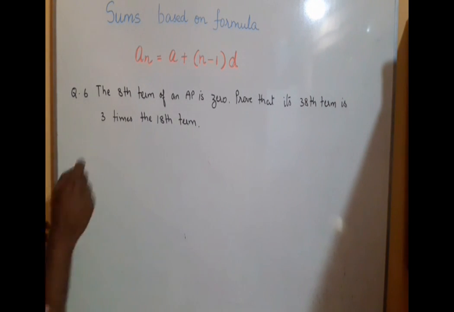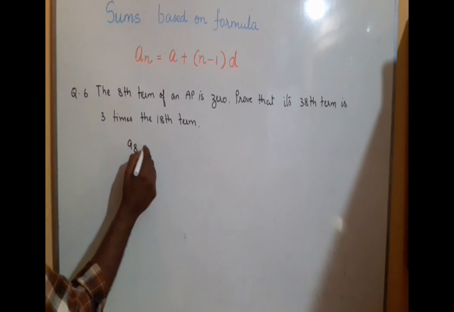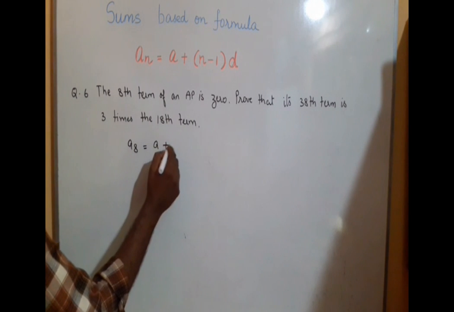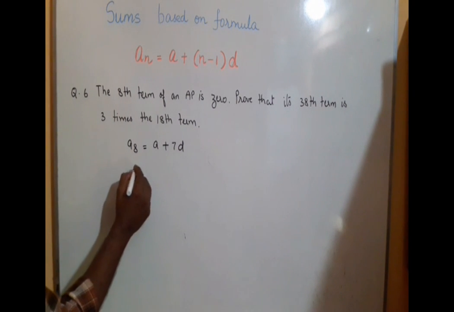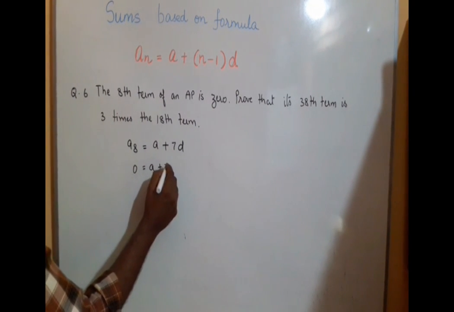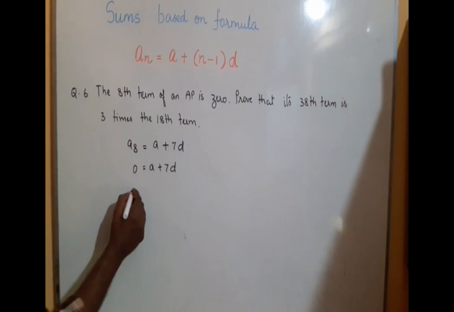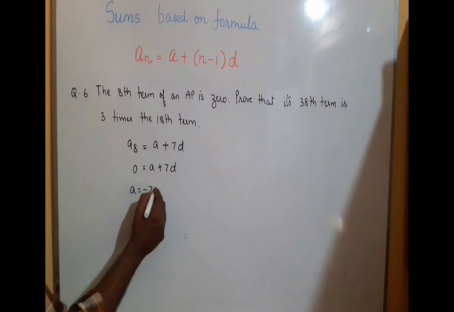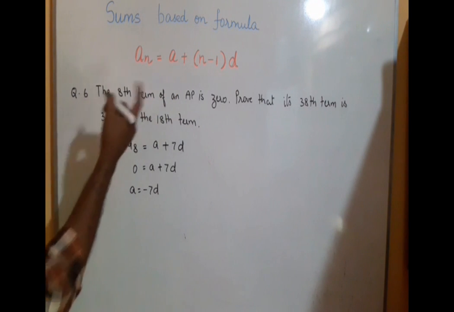We are given the 8th term of an AP is 0. The 8th term by the formula is A plus 7D. We are given the 8th term is 0, so 0 equal to A plus 7D. By rearranging, A equal to minus 7D. This is what we get from the data given to us.